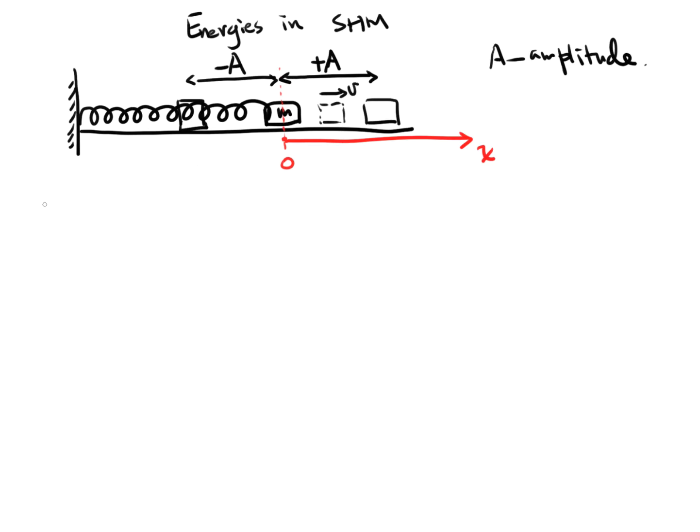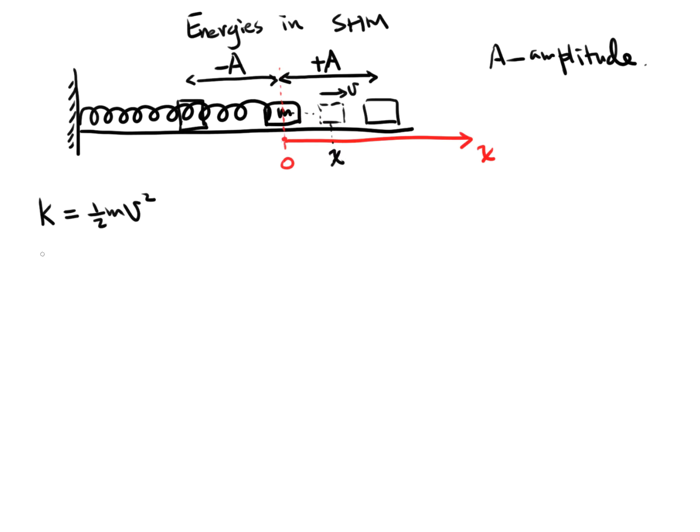Now it's going to have kinetic energy K, which is defined as 1/2 mv squared. Now, let's say its displacement is x away from the equilibrium position.